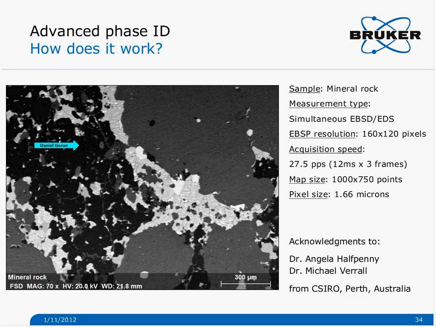So this has been done at CSIRO in Perth, and they did simultaneous EBSD and EDS, using the high resolution EBSD detector in 10 by 10 binning mode, meaning the patterns used for indexing had a resolution of 160 by 120 pixels, and they used our 30 square millimeter EDS detector.